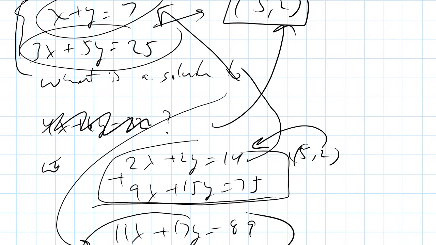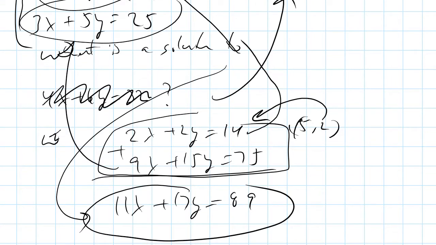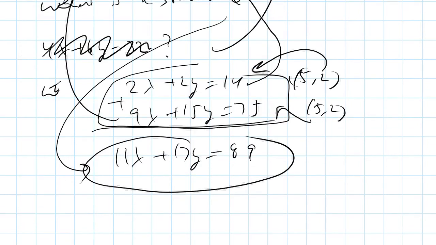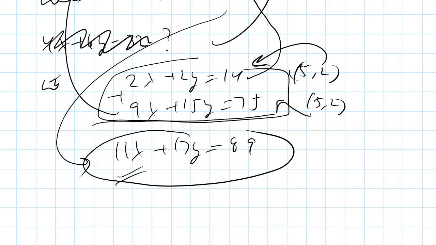And the bottom equation is this one multiplied by 3 on both sides, so it has 5, 2 as one of the many elements of its solution set. And then I say, well, the 11 is just 9 plus 2, and the 17 is 2 plus 15. So that would mean 5, 2 would have to be a solution. There are many solutions to this bottom equation, but one of them is 5, 2.